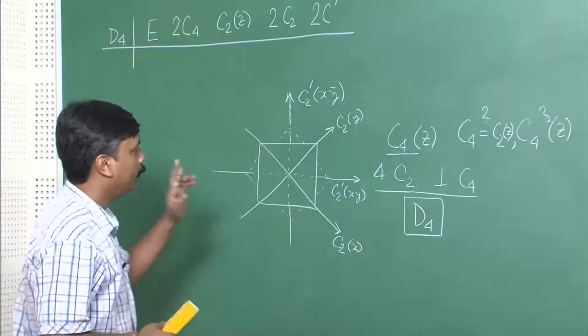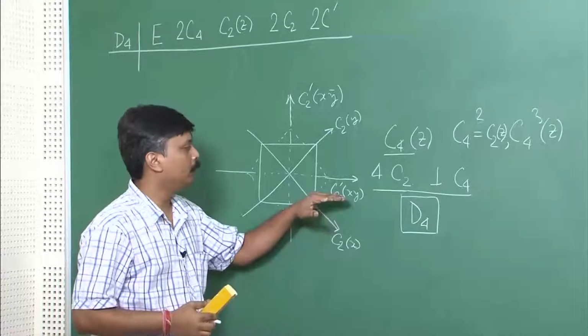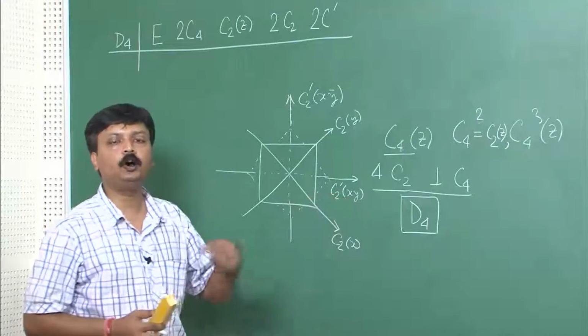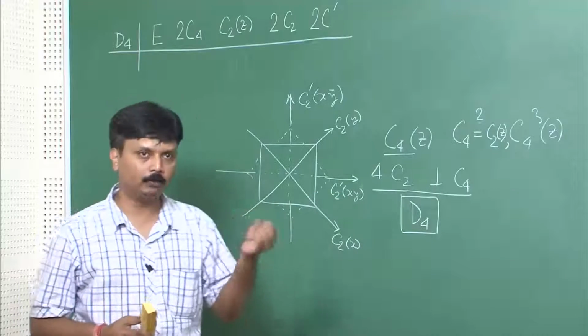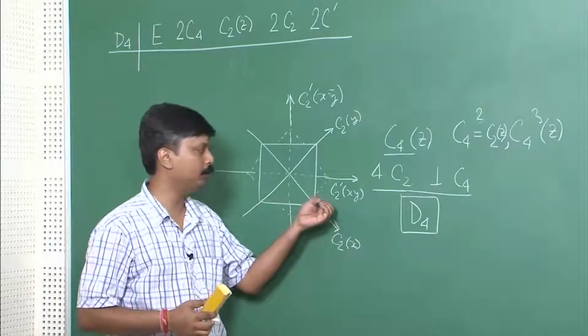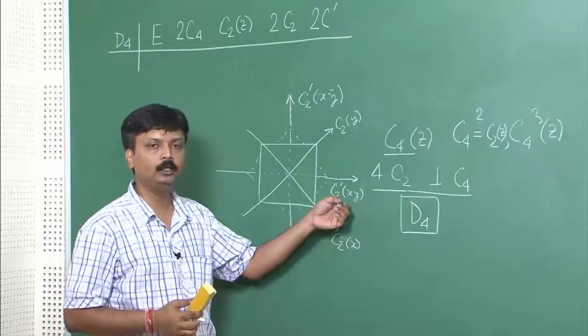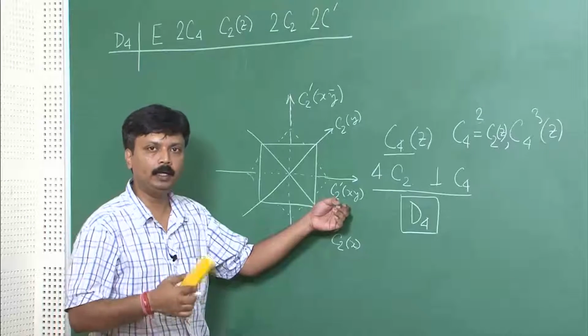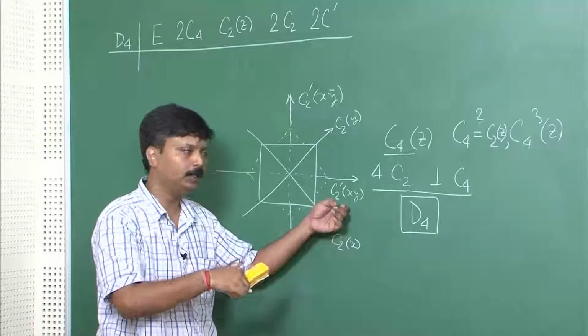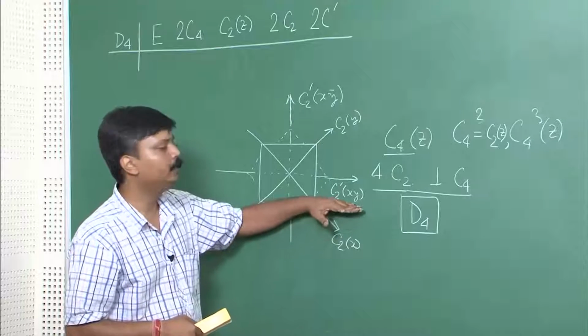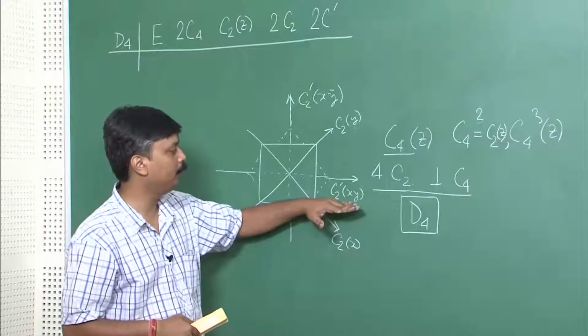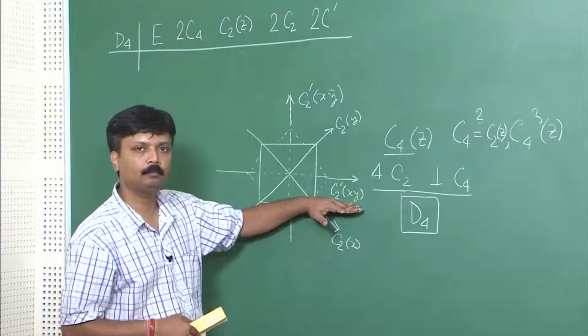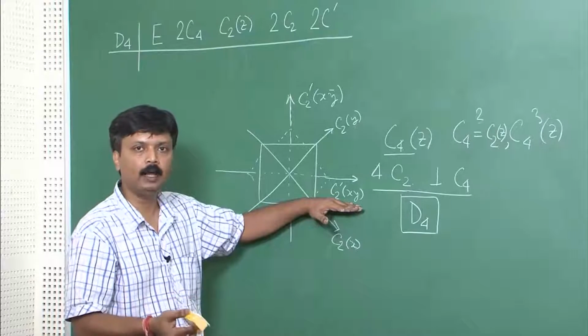And since the character of the representation for a symmetry operation belonging to one class will be identical to another element also belonging to the same class, if I find the character of the representation for one of them, I automatically have it for the other one.